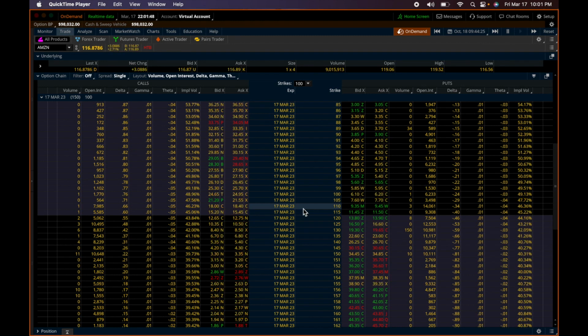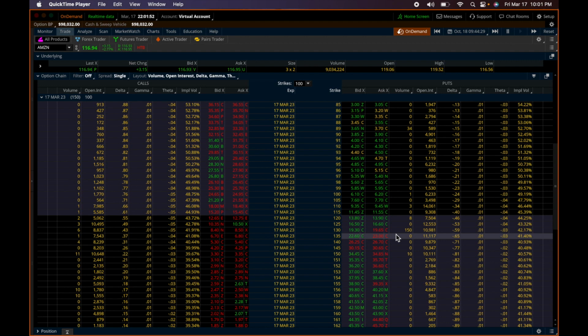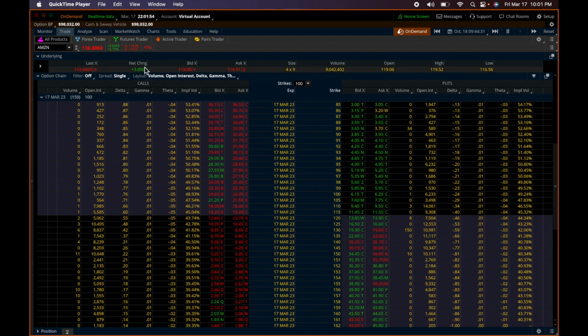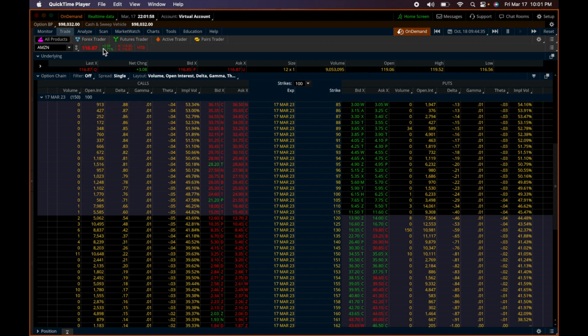I'm going to do the same kind of example here, but with Amazon and on the put side. You can see right here, Amazon is trading at around 116, 117. It's in between 116 and 117. So let's say I think Amazon is going to go down to 115. I anticipate Amazon moving down. I'm going to go find my 115 strike price.